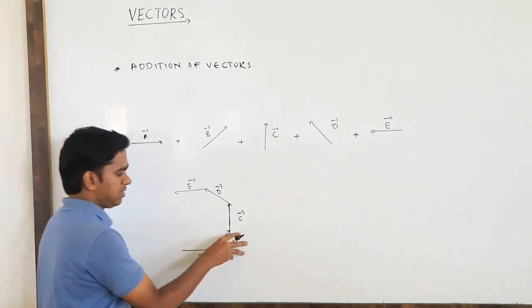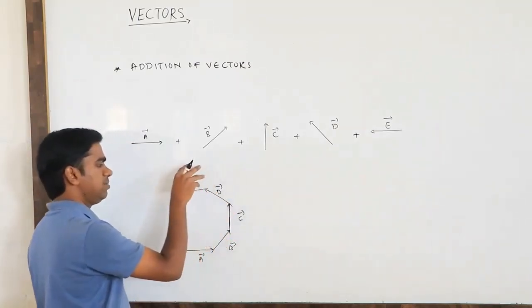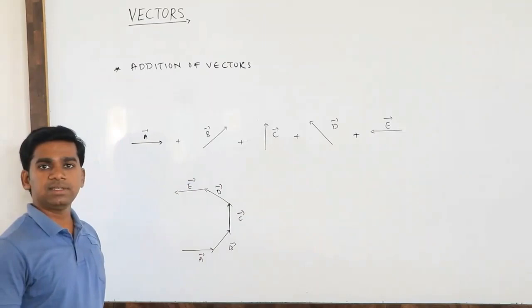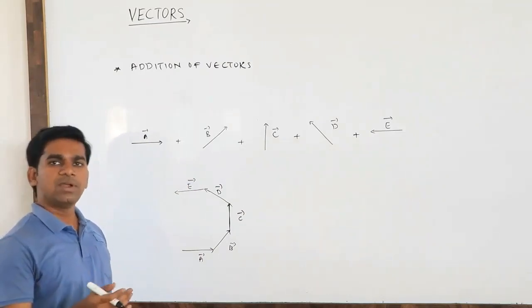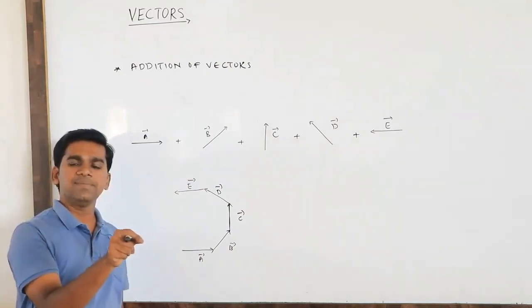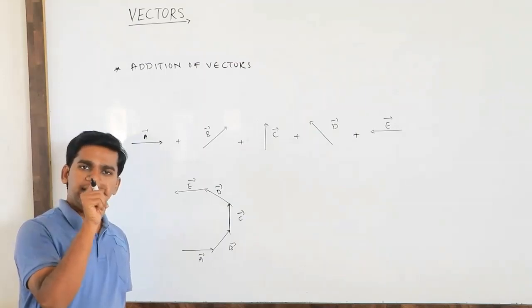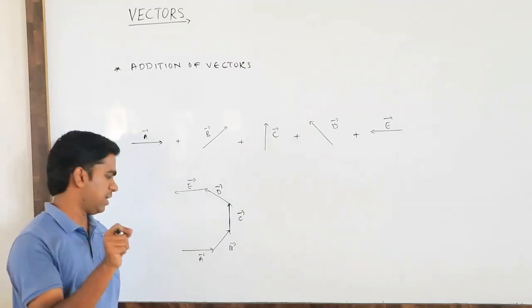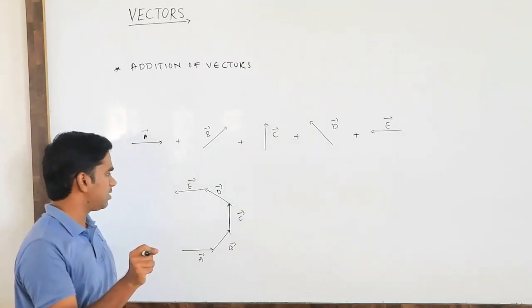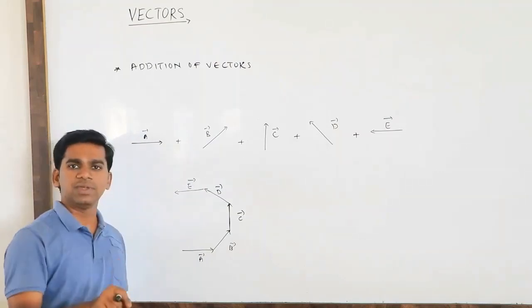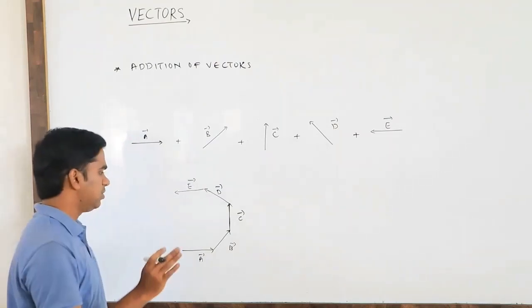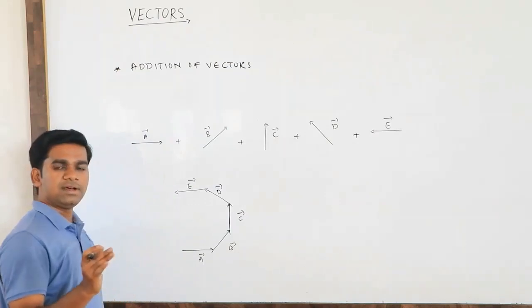So these are the given vectors: vector A plus vector B plus vector C plus vector D plus vector E. Then where is the resultant? Very simple. What was the third step of the triangle? Join the tail of the first vector to the head of the last vector. That will give the resultant in the opposite order.